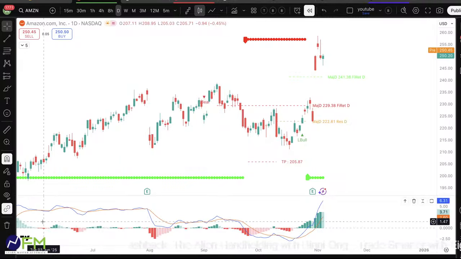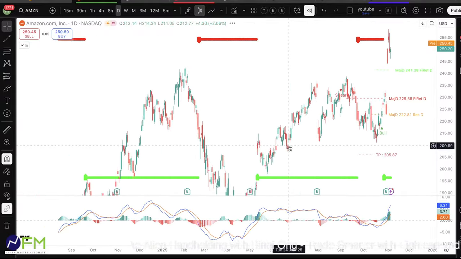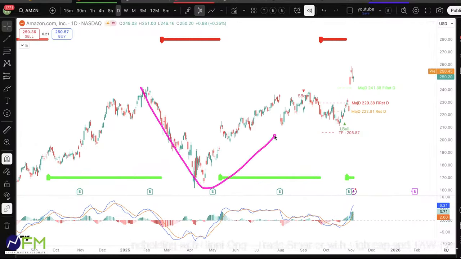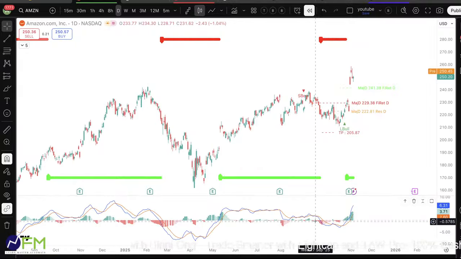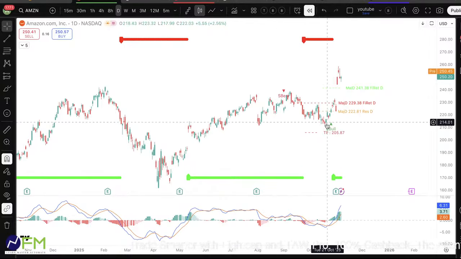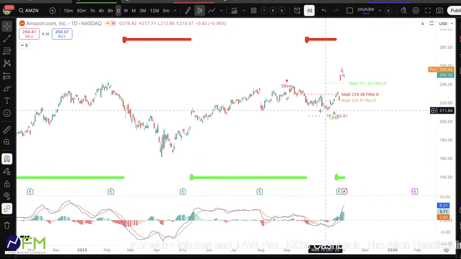The reason I covered Amazon was because of this pattern, which is called a cup and a possible handle. As I said, I don't like to apply TAT signals everywhere, because there are signals that come from a downtrend.